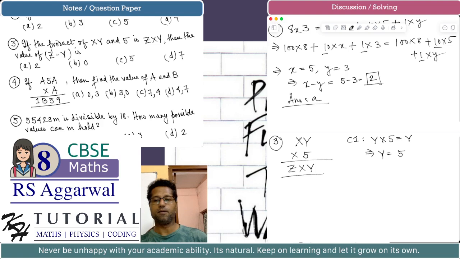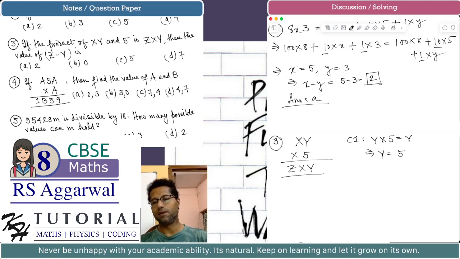Is there any other digit y which, when multiplied by 5, has the units digit also y? It cannot be 3 because 3 multiplied by 5 is 15, units digit 5. Can it be 4? No. Can it be 6? No. Can it be 7, 8?